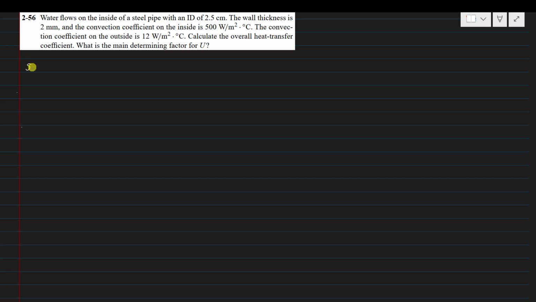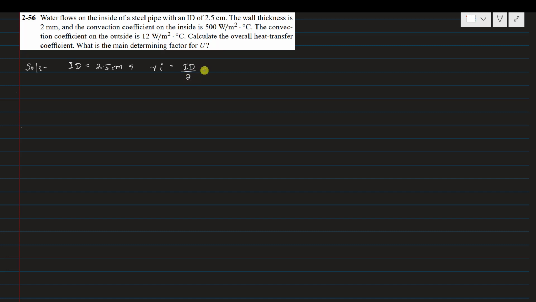Okay, so the solution. Let's first write the given data. Inside diameter, that is ID, is 2.5 centimeters. So the inner radius of the pipe will be equal to the inner diameter divided by 2.